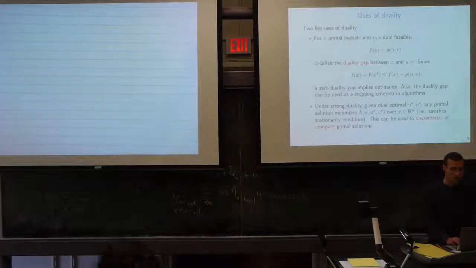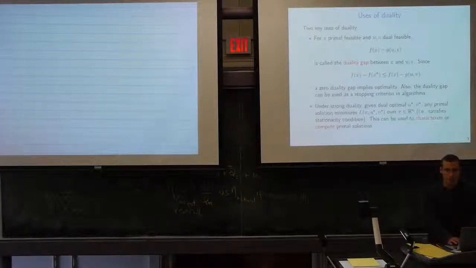The first one, there's not a lot to say about it. We already talked about it, but I want to remind you that if we have a primal feasible point x and a pair u and v that are dual feasible, so we're able to derive the primal and the dual problems, then if we look at this quantity, f of x minus g of u, v, g being the dual criterion, this is called the duality gap between x and u, v.